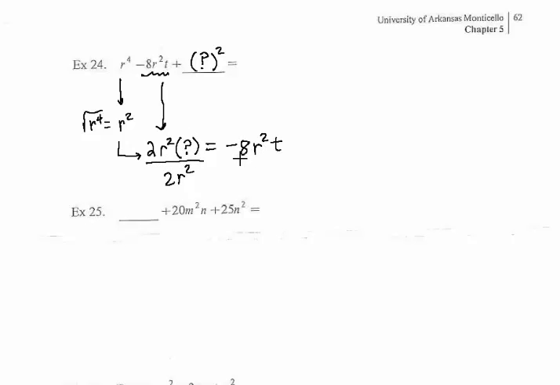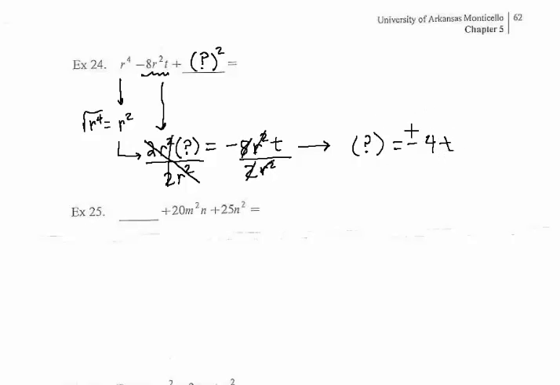Divide both sides by 2r squared, and that is going to knock out the 2r squared on the left, and all I have on the left now is a question mark. And then over here on the right, the r squareds cancel. 8 is divisible by 2, and we get a 4. We get a minus sign, and we are left with a t.